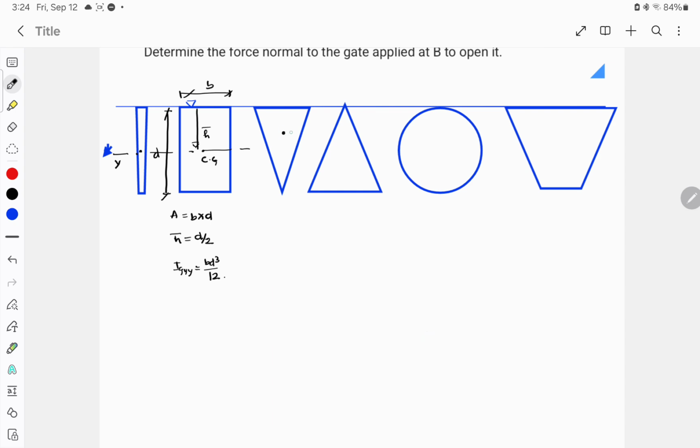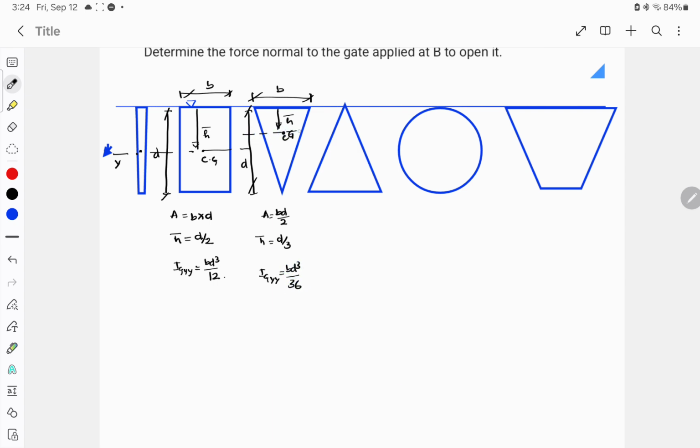Similarly for this, if the CG is somewhere here, this is b, and this whole distance is d, then the area is bd by 2, the center of gravity h bar will be d by 3, right? And IGYY will be bd cube by 36.